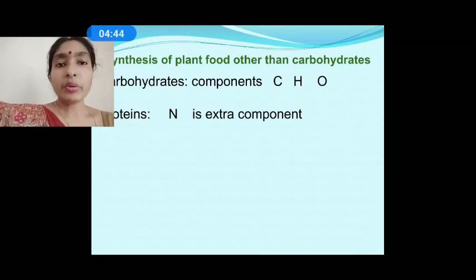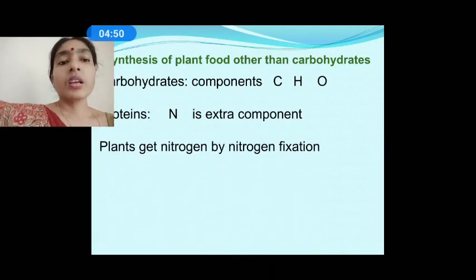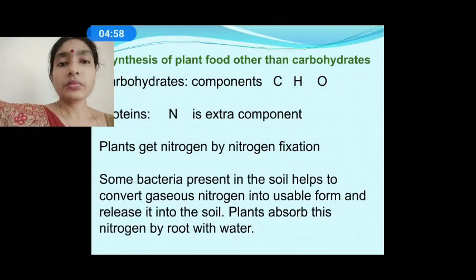Either we apply nitrogen-based fertilizer to the soil, or some bacteria present in the soil convert gaseous nitrogen into absorbable nitrogen, and plants can easily absorb it with water through the roots.